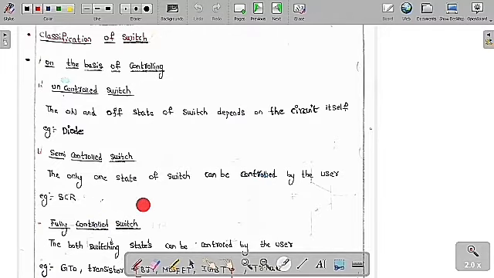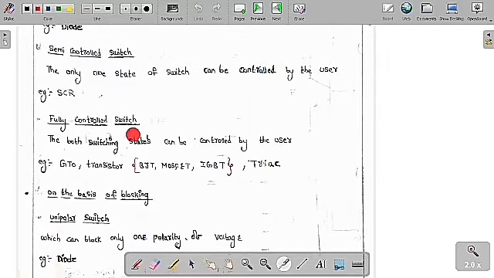Only one state, either on or off, can be controlled by a person, and the remaining state is controlled by the circuit itself. That we call a semi-controlled switch. The example is SCR. Only the on condition of the SCR we can control, but not the off condition. The off condition is totally dependent on the circuit itself.